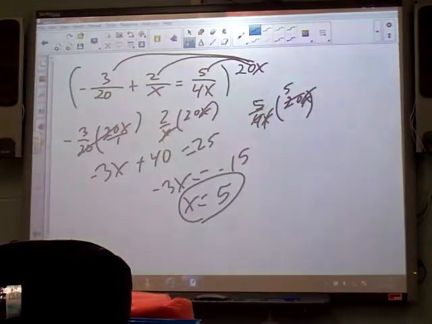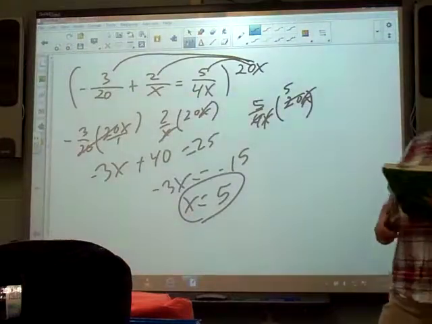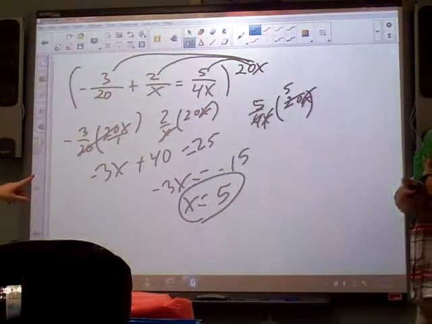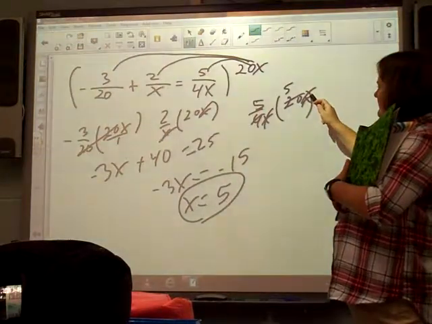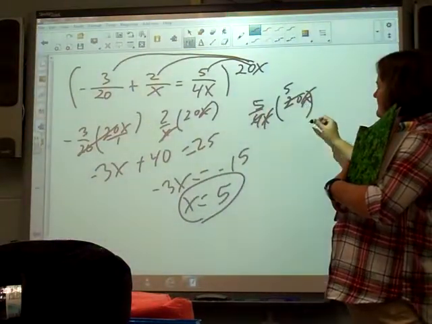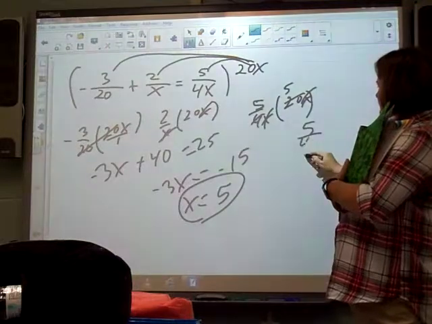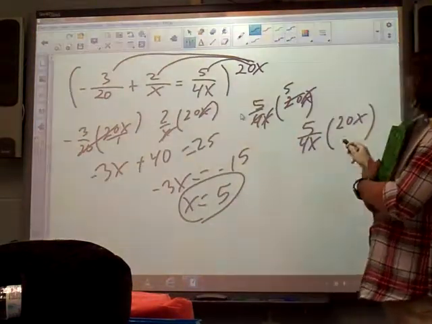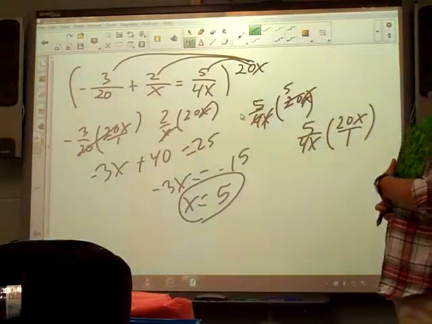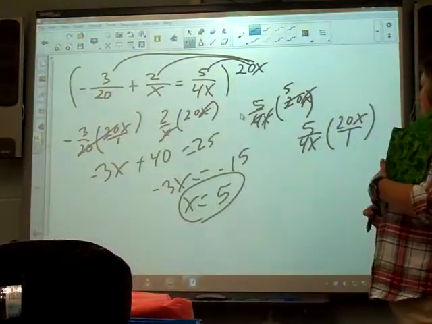Alright, let's try another one. How do you know which? Like, because you could take the 5 out. When you mark stuff out, it's going to be top and bottom.